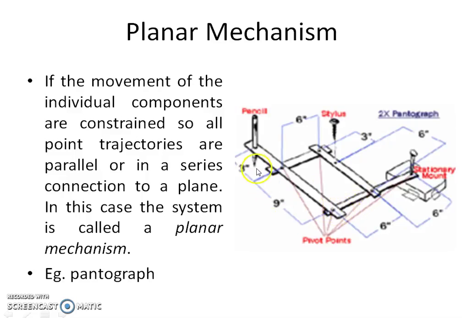The pantograph mechanism is used for drafting purposes, where this pencil is used to draft on a second sheet. So it may be used to enlarge or reduce the scale of a drawing. The important thing is all the elements, all the links, are moving in a single plane. Hence it is called a planar mechanism.